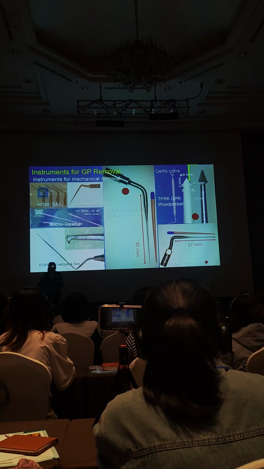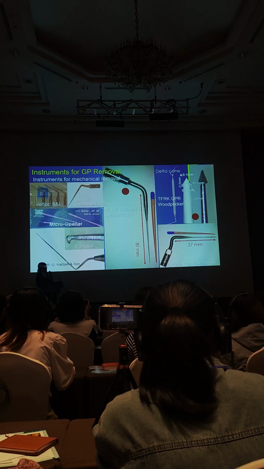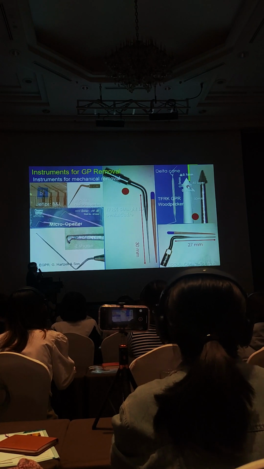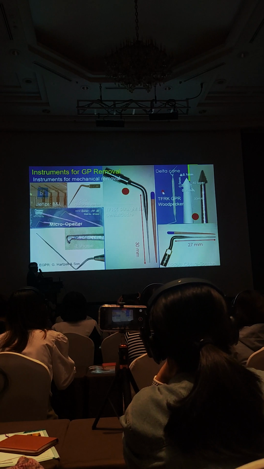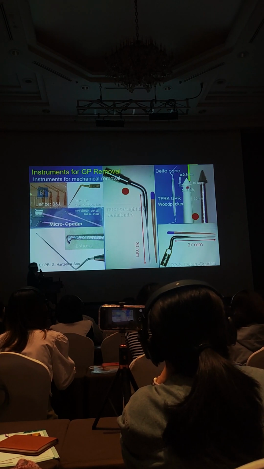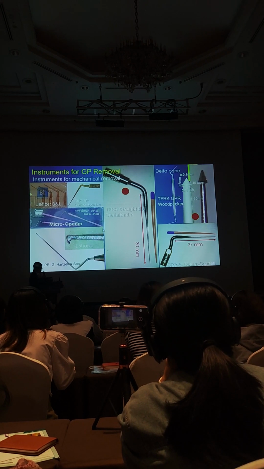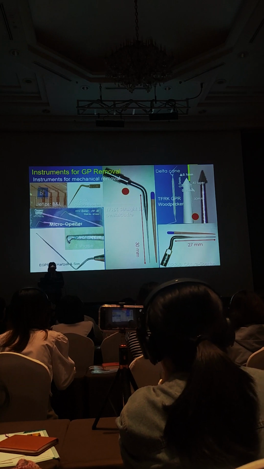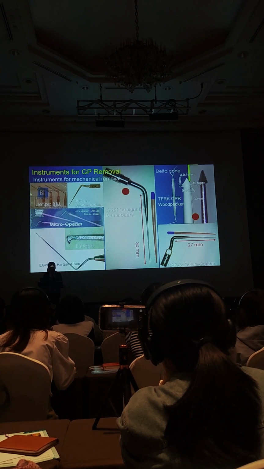This is a hand instrument from the TFRK, the Terauchi retrieval kit. You see the delta cone. You can hook gutta-percha on the projection here, press it against the gutta-percha and take it out. This is how I remove the gutta-percha.